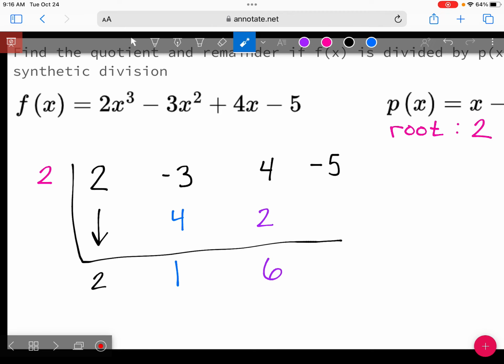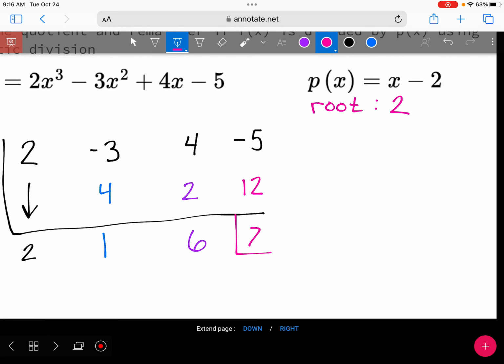So at the end here, we have our remainder, which is 7. So our r of x, because we were asked to find our r of x and our quotient, our r of x equals 7.